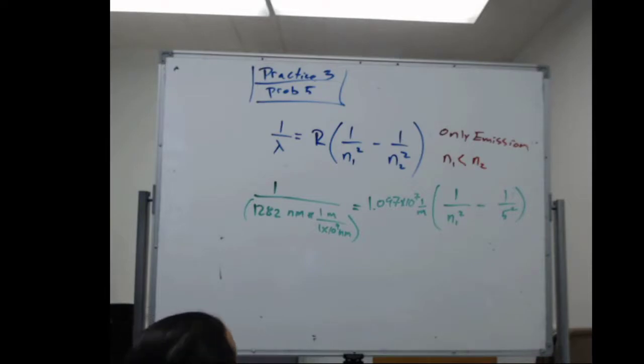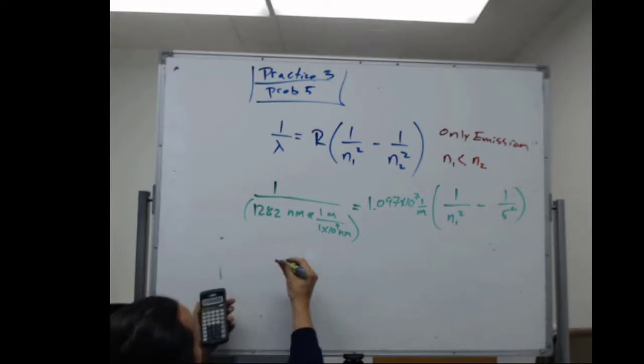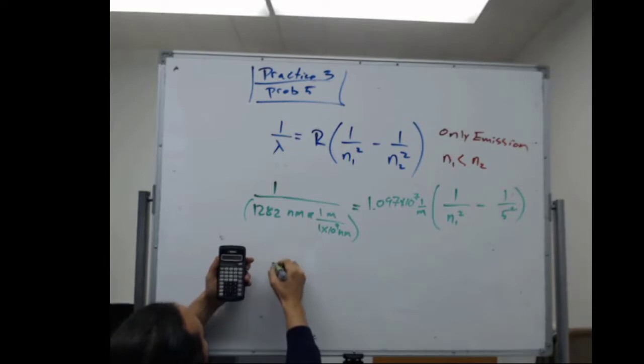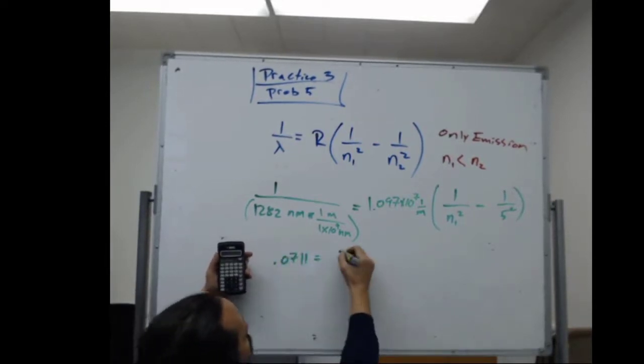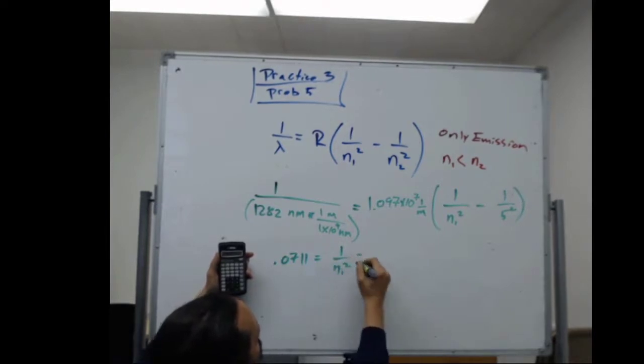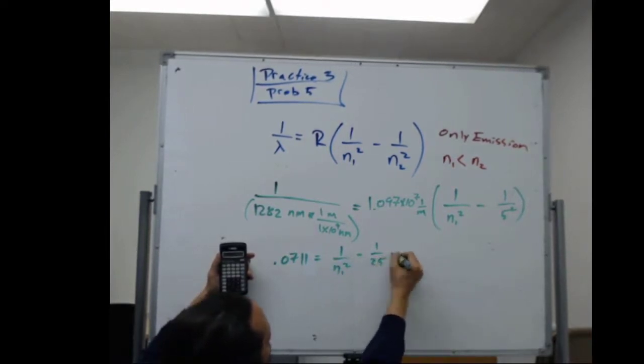Okay, so I've got 1 divided by 122.82 times 10 to the minus 9. I'm going to divide that by 1.097 times 10 to the 7. Gives me 0.0711 is equal to 1 over n1 squared minus 1 over 25.